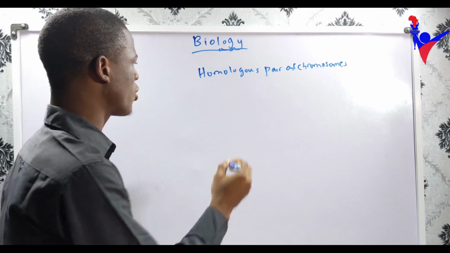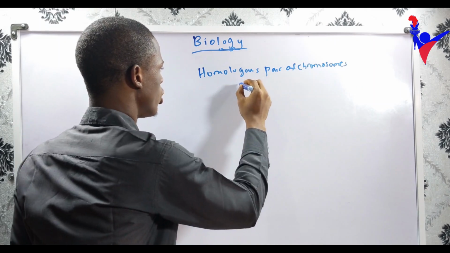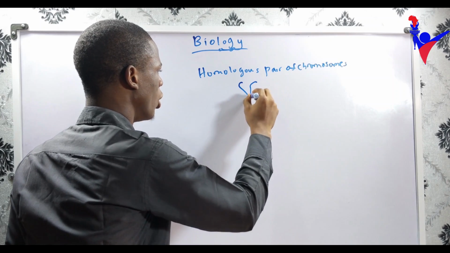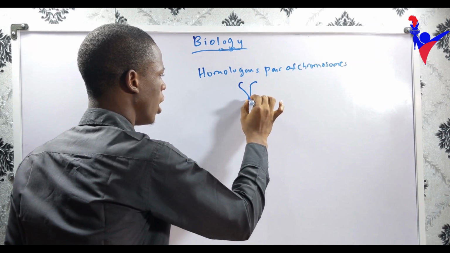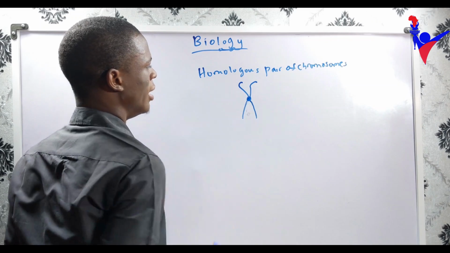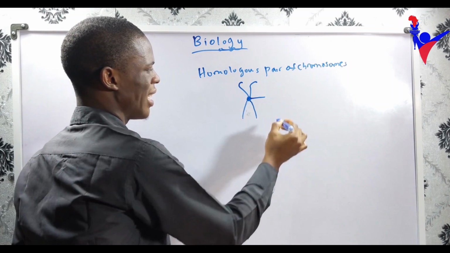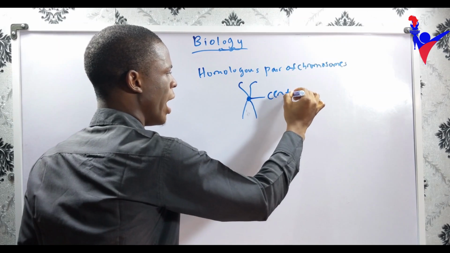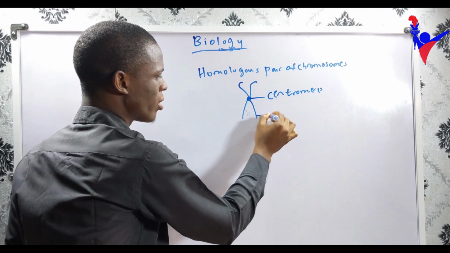So for homologous pairs of chromosome, let's represent a chromosome to have a structure like this. So these are chromosomes. A chromosome with a center called what? Centromere. And we have what?